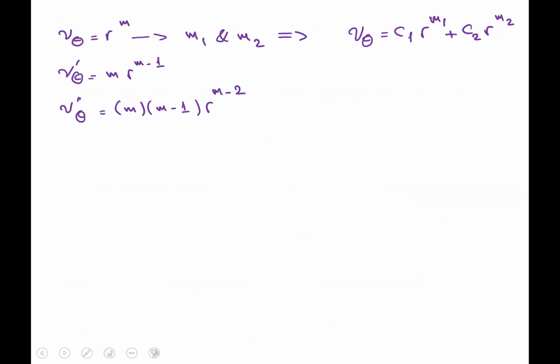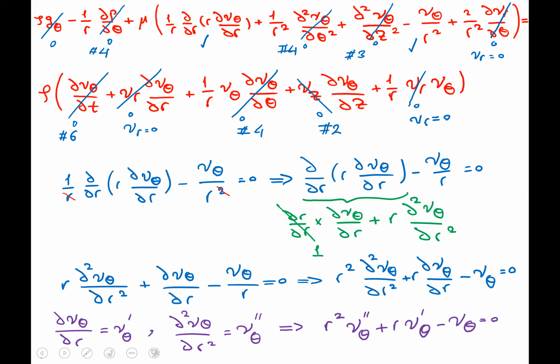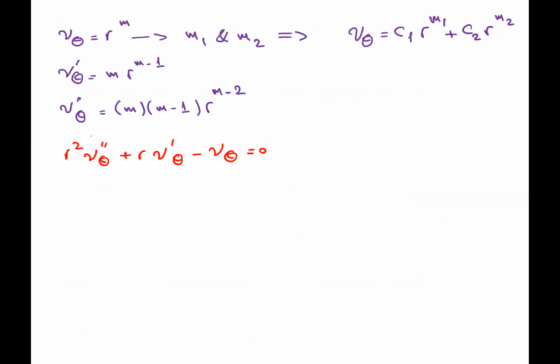So I have r squared v double prime theta plus r v prime theta minus v theta equal to 0. So this is the equation that you're solving, right? So instead of v double prime theta, I'm going to have this term goes here, okay? And then instead of v prime theta, I'm going to have this term going there, okay?